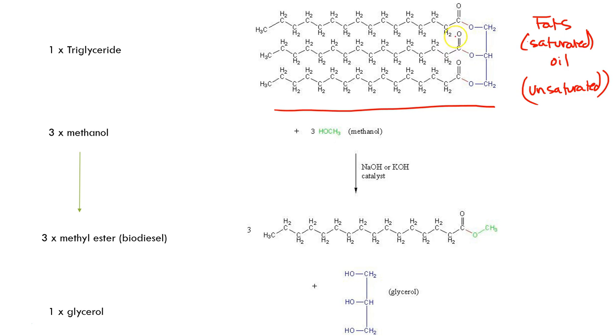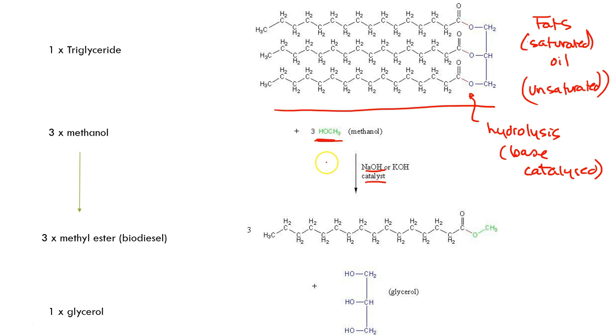We place this into a reaction vessel in the presence of a strong base, because the hydrolysis, the breaking of the ester, is base catalyzed. This is our base catalyst for breaking apart the triglyceride. We have 3 equivalents of methanol also in the flask.